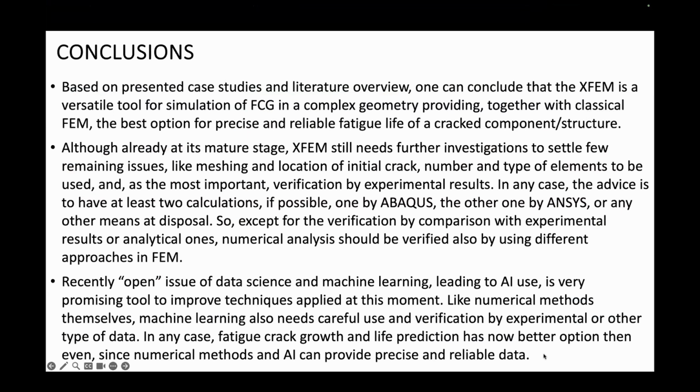The basic topic and basic issue here was XFEM, the extended finite element method, applied after about 10 years of theoretical development back in the 90s, and then built into Abaqus about 10 more years afterwards.